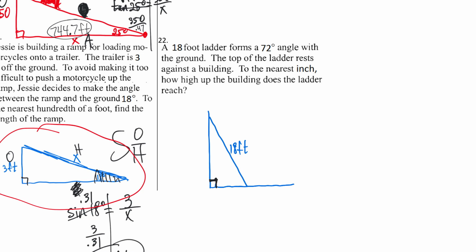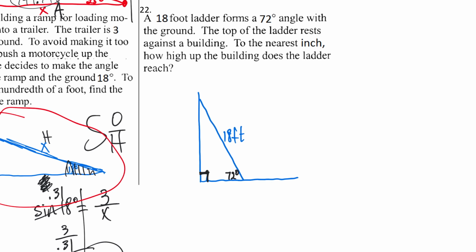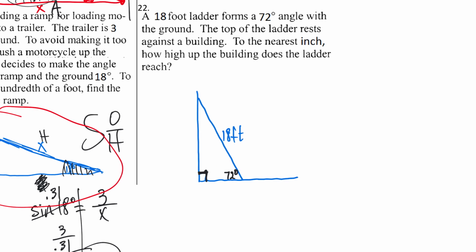And it says that the ladder forms a 72-degree angle with the ground. And it wants to know how far up the wall this hits. So we're looking for this distance right here.